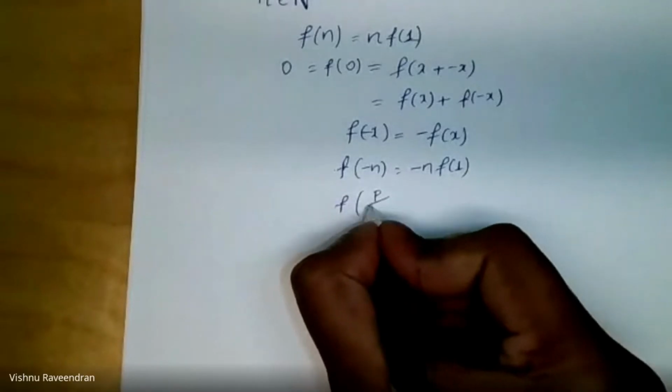And for rational numbers, we can write a rational number r as p by q. Then I am starting with f of p.